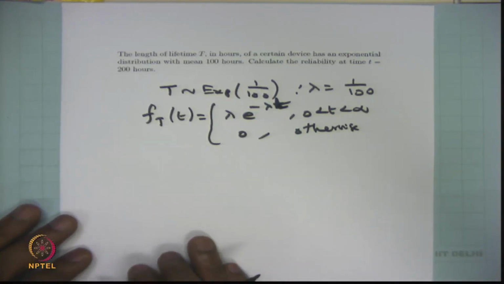That means you should know the definition of reliability. Reliability is nothing but the probability that the system is working till this time, or equivalently the probability that the component may fail after this time. So, at least it works this much time.